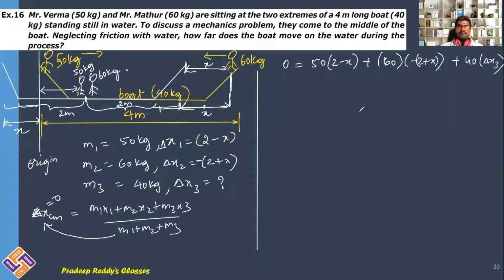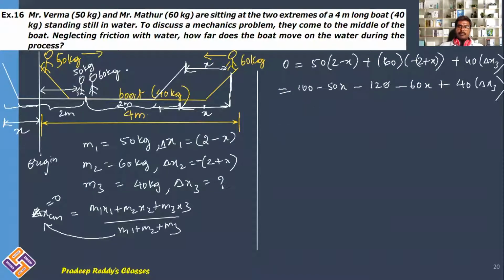delta x3. You can write this as 100 minus 50x minus of 120, and minus of 60x plus 40 into delta x3.